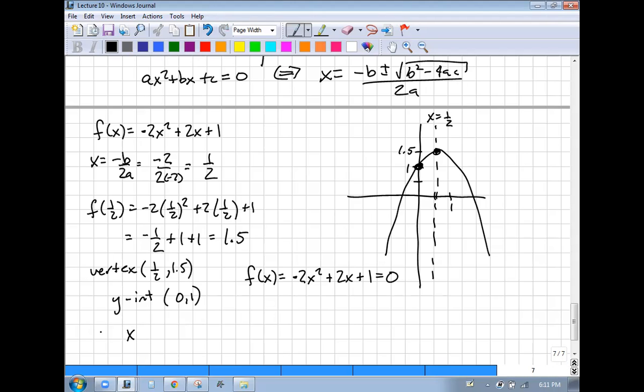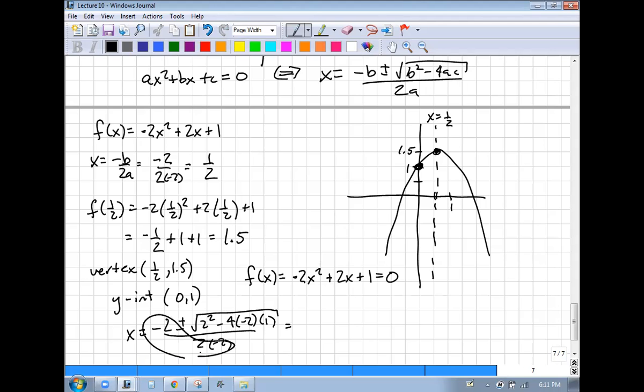So our x-intercepts are given by x equals negative b plus or minus the square root of b squared minus 4ac, all over 2a.